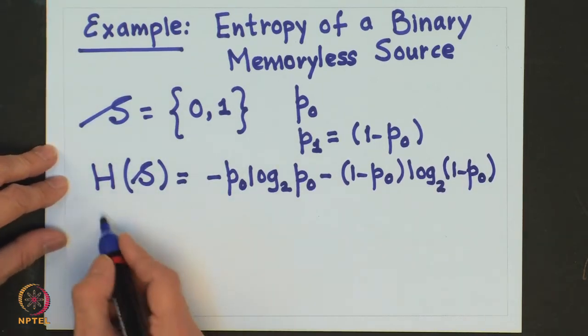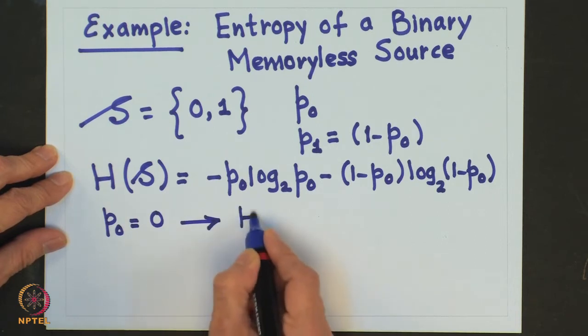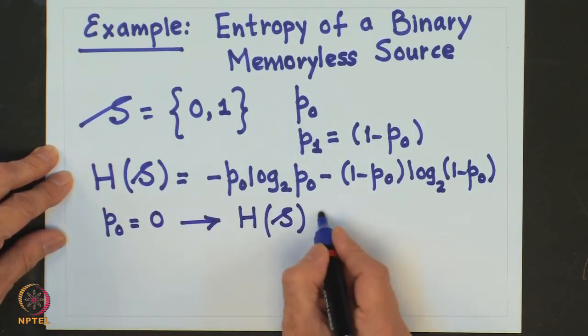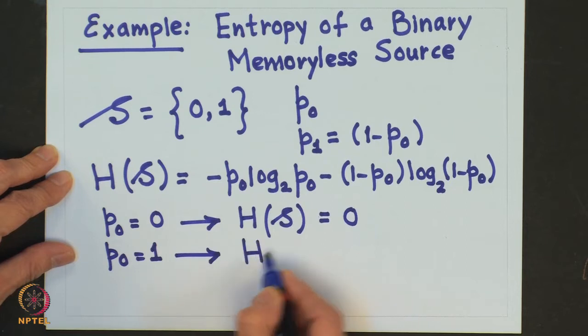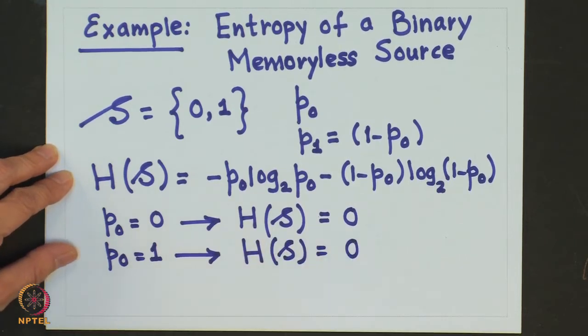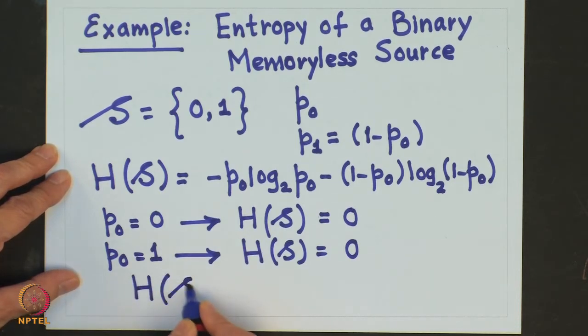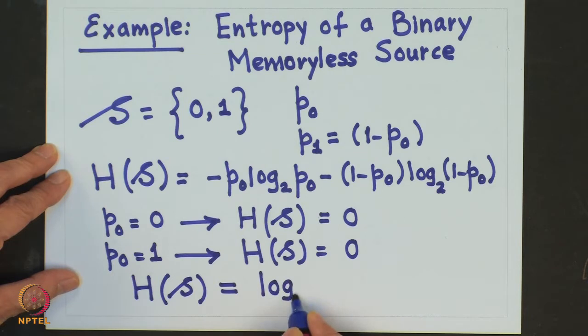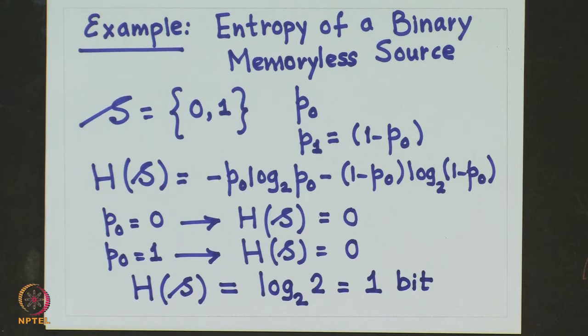So, we know that for this case for P0 equal to 0, you can show that entropy is equal to 0, and for P0 equal to 1, the entropy is again equal to 0, and based on the earlier result which we derived, the maximum value of this entropy for a binary memoryless source would be equal to log 2 to the base 2, which is equal to 1 bit. 1 bit per symbol, correct.